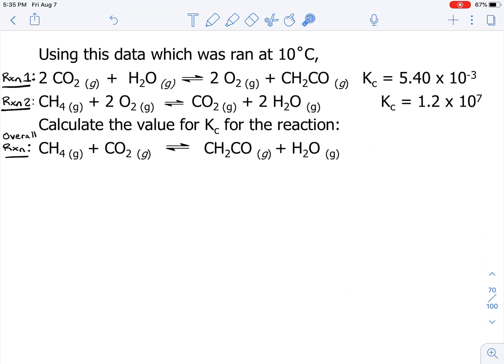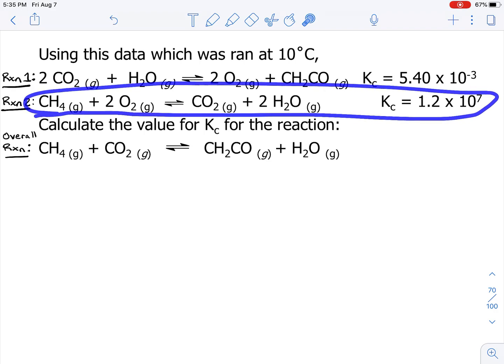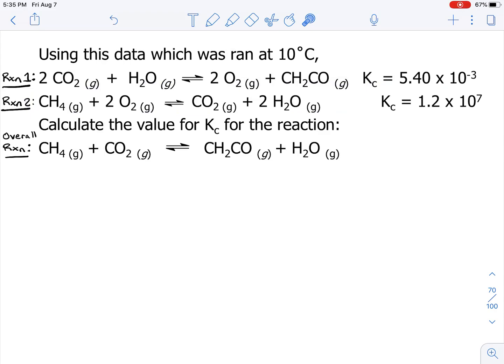All right, let's go ahead and look at the first one. We're going to use this data to calculate the equilibrium constant for the following reaction. Notice that here we have reaction 1 with an equilibrium constant of 5.40 times 10 to the negative 3. And here we have another reaction with an equilibrium constant of 1.2 times 10 to the positive 7.